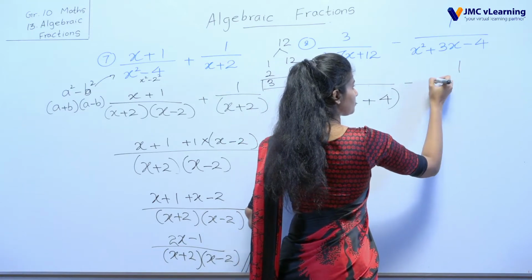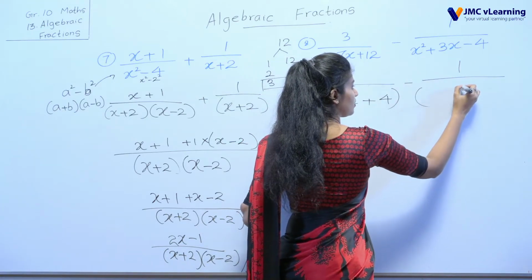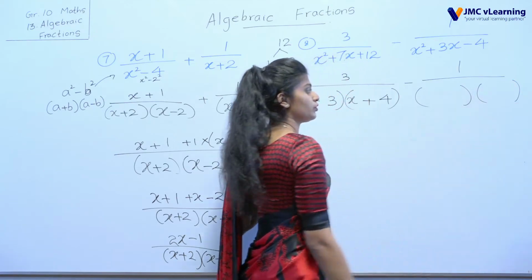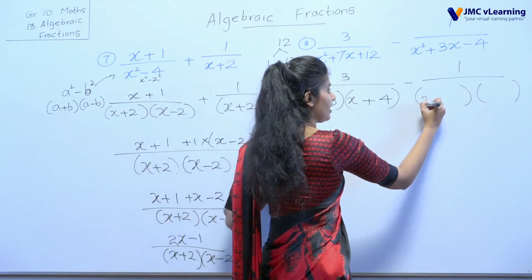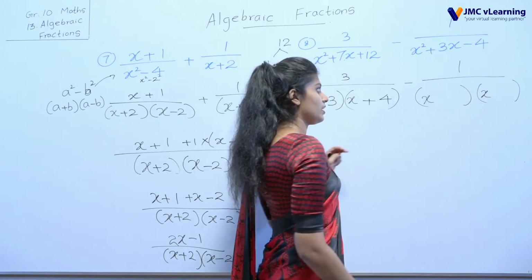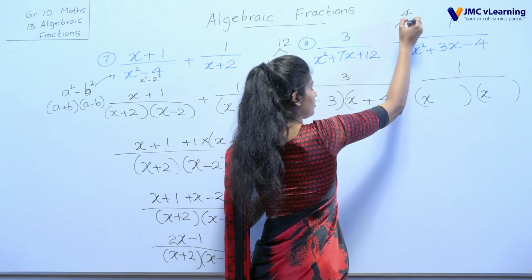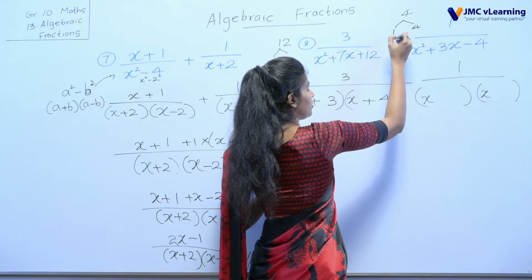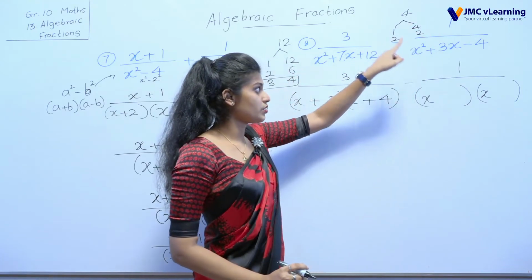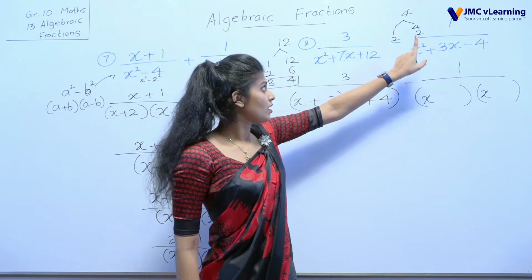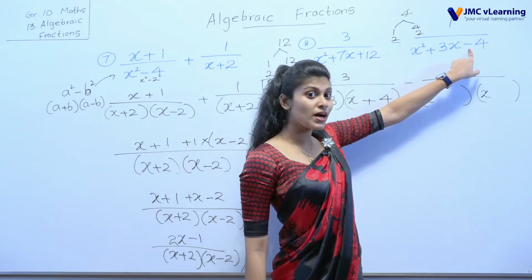Then this one, put two brackets, x. Here final one is 4. 4 you can make 1 into 4, 2 into 2. Using this you have to make 3. By multiplying you have to take minus 4.